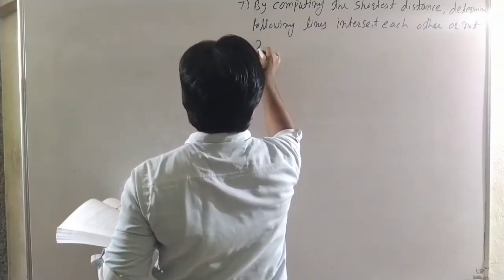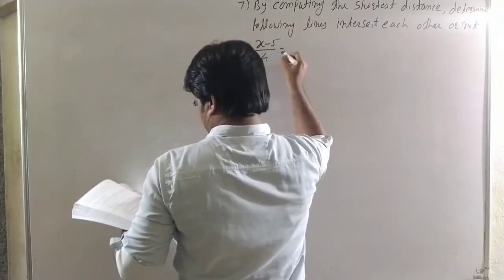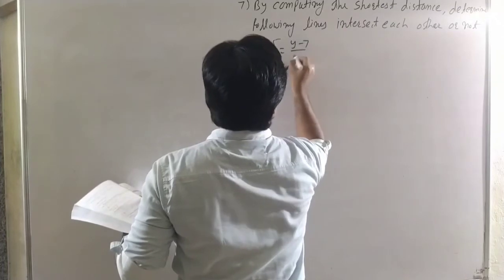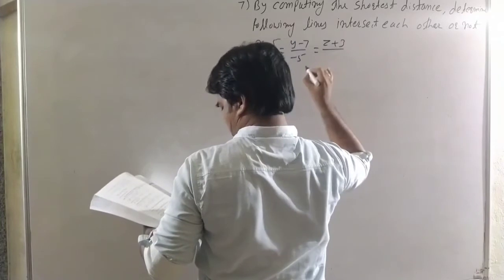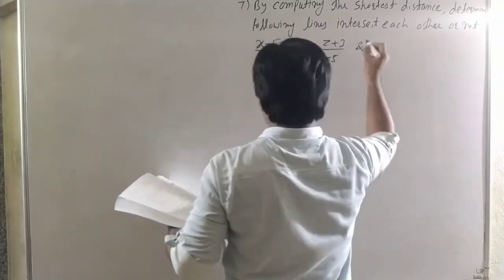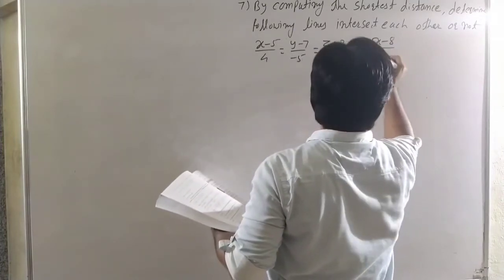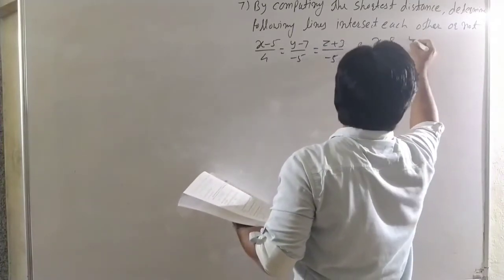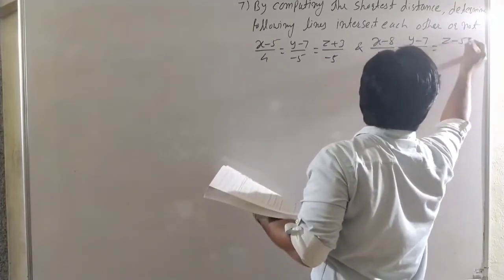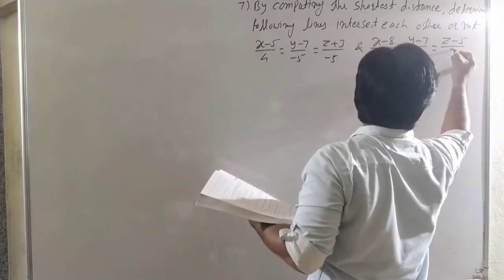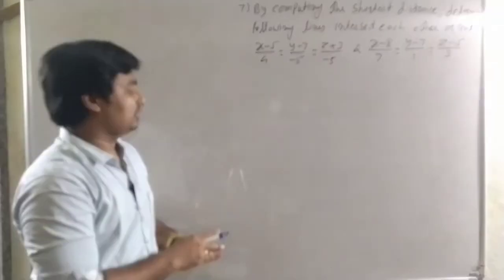The lines are (x minus 5)/4 = (y minus 7)/(minus 5) = (z plus 3)/(minus 5), and (x minus 8)/7 = (y minus 7)/1 = (z minus 5)/3. Okay, here these lines are in Cartesian form.